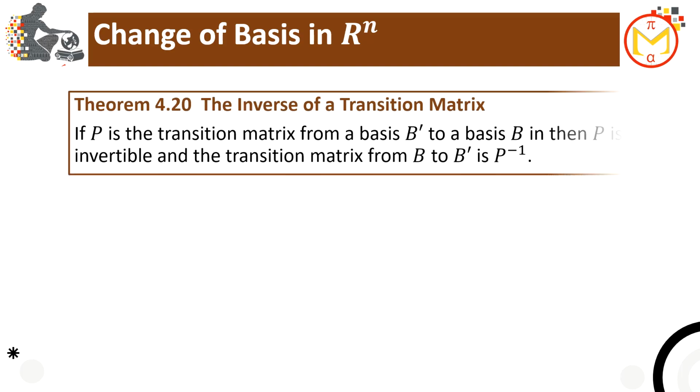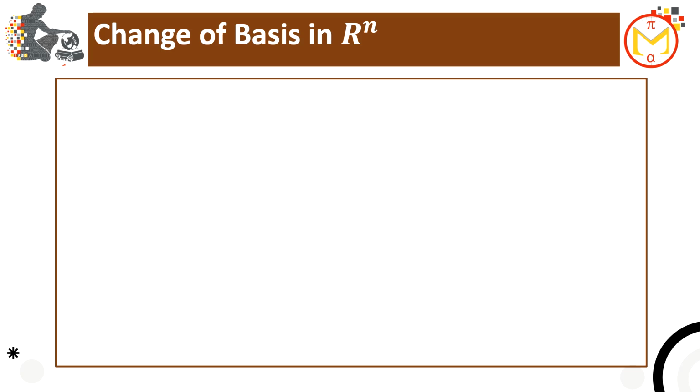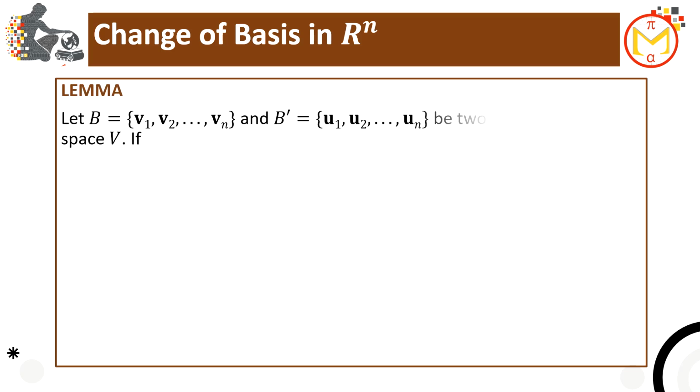And so for theorem 4.20, the inverse of the transition matrix: if P is the transition matrix from basis B prime to basis B, then P is invertible, and the transition matrix from B to B prime is P inverse. That's the transition matrix.